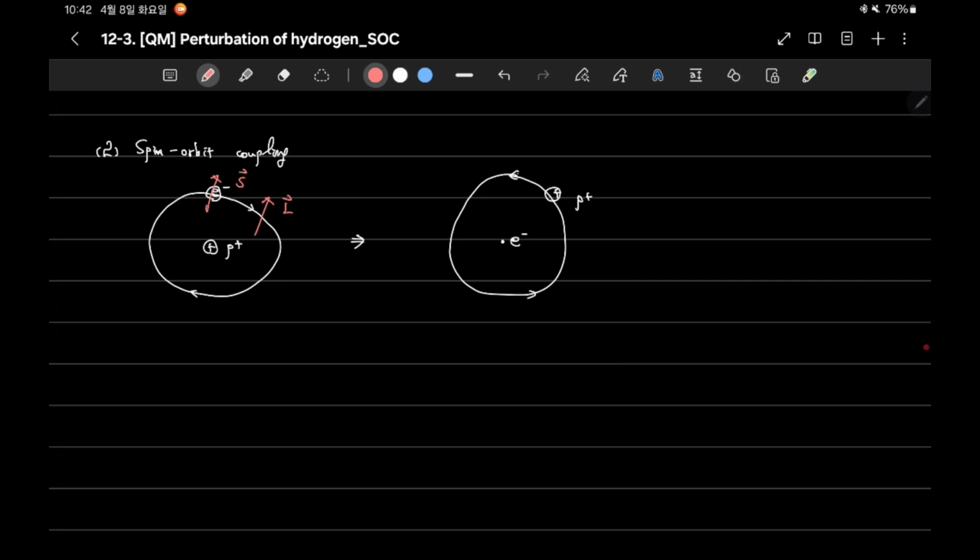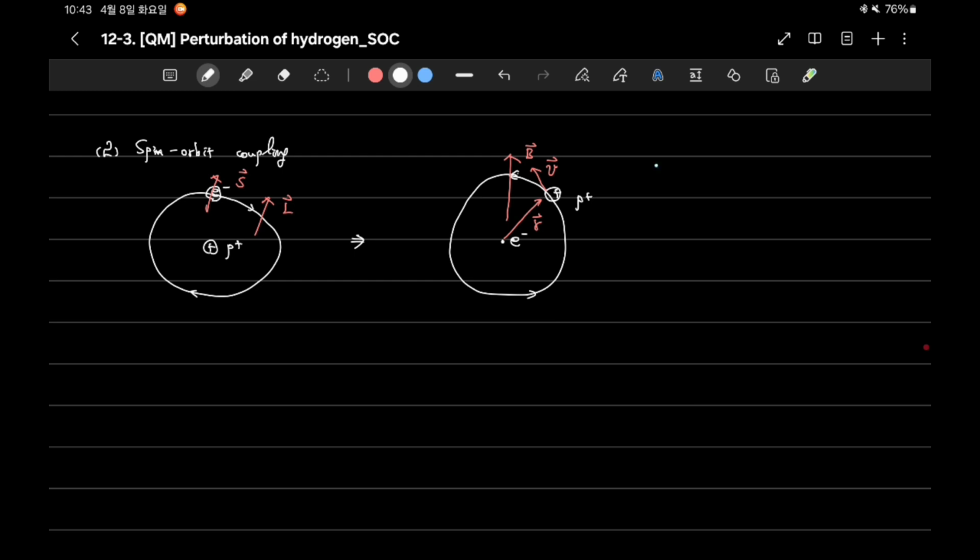This classical point of view is not surprising. The magnetic field depends on the number of protons; in the hydrogen atom there is only a single proton. Here is the r vector, and here is the velocity v. The internal magnetic field is made by the orbital motion of the proton.